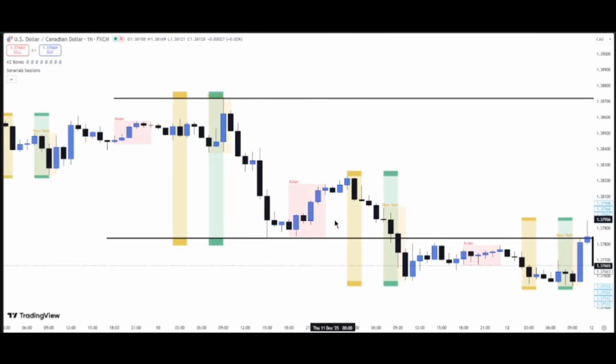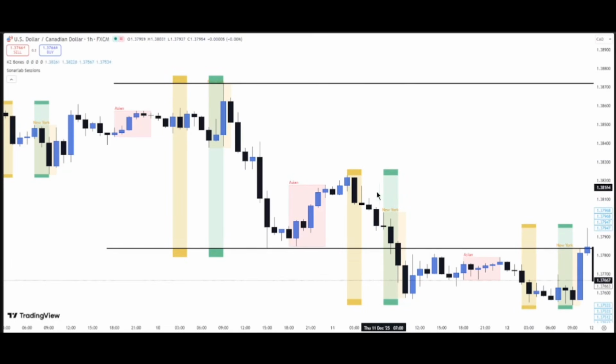Remember, we want to trade on the 11th of December. So now this is the 11th of December. This light pink box that you're seeing is my London key zone, and this is my New York key zone, and this is my Asia key zone.